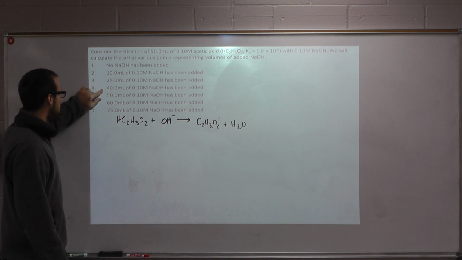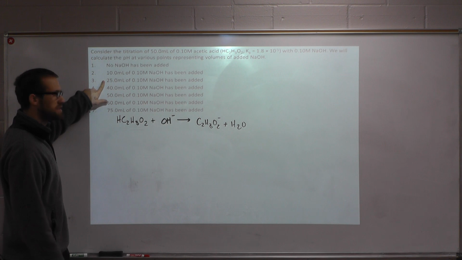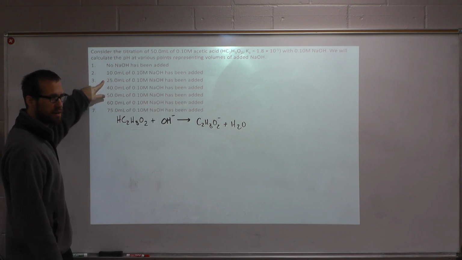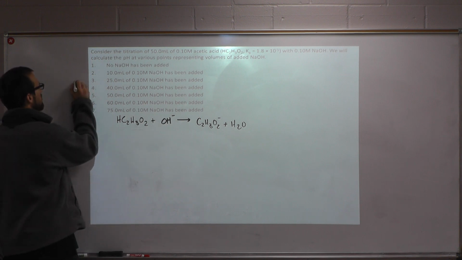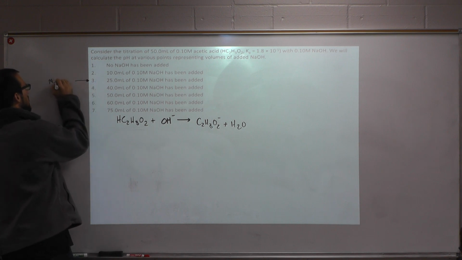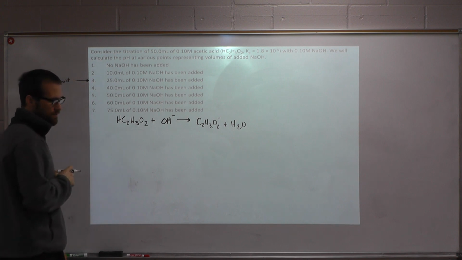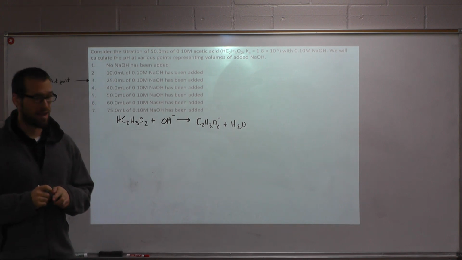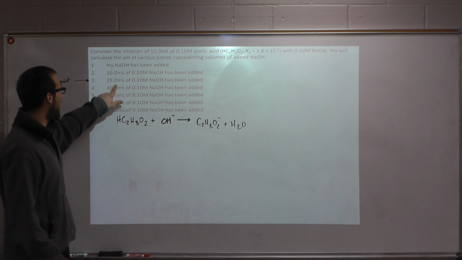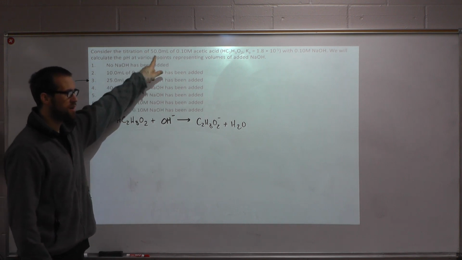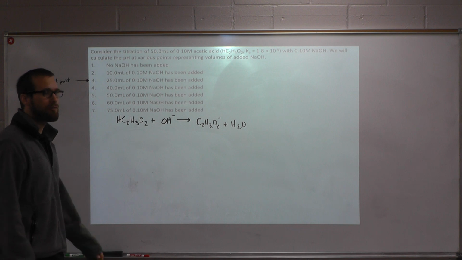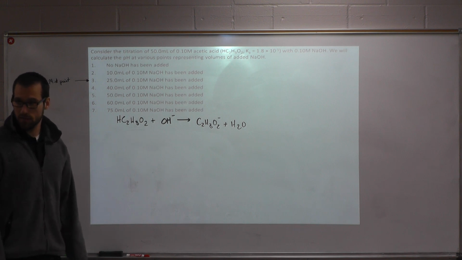One important thing to make note of was 3 was a specific point that we talked about. What was that point? Right, it's the midpoint. And the midpoint isn't necessarily when we have half the volume, it's when we have half the moles.